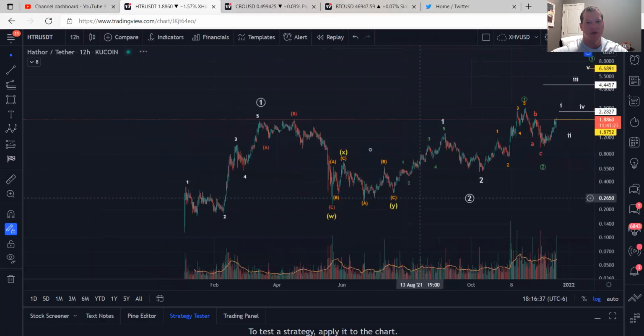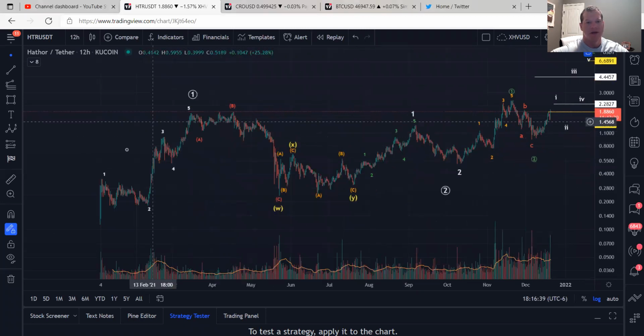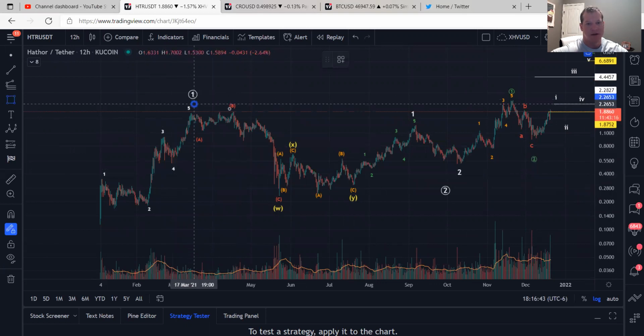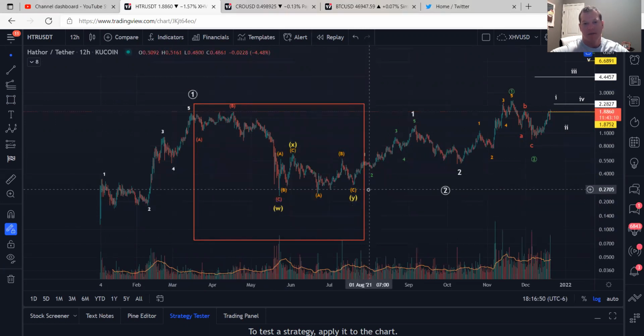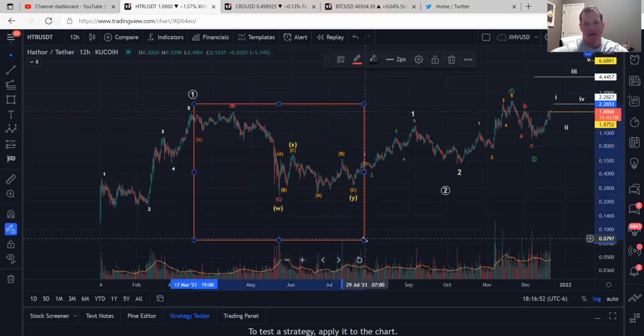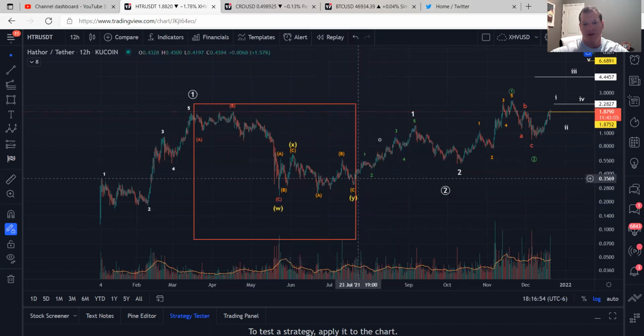Scenario number 2 is, again, this is a macro 1 wave. And then this here is your corrective structure, being a WXY. And then this actually being a 1, 2, 1, 2 setup.